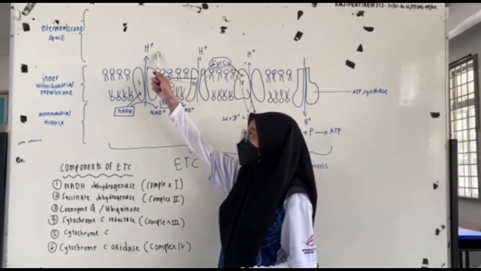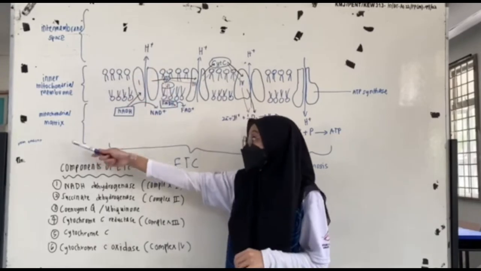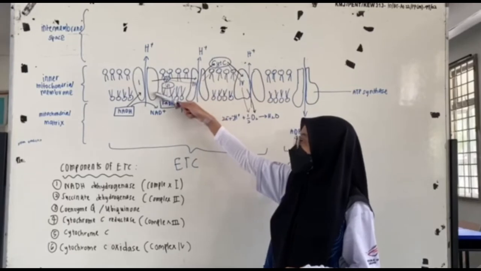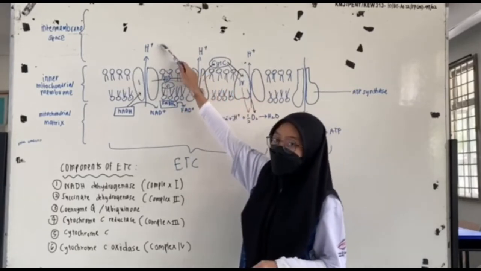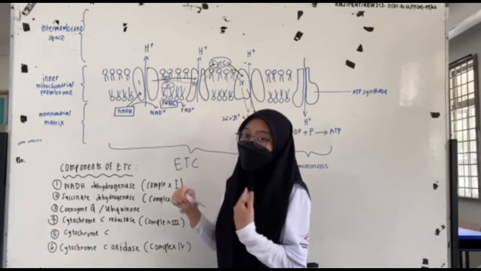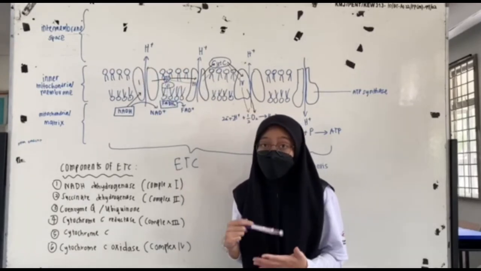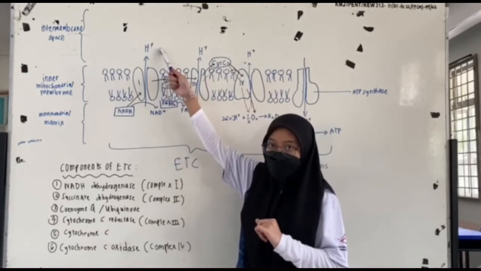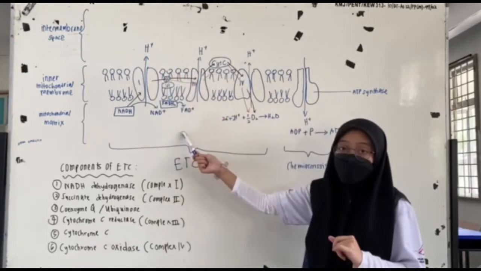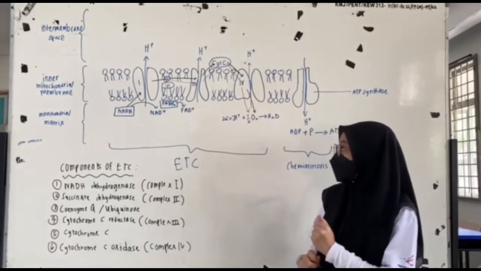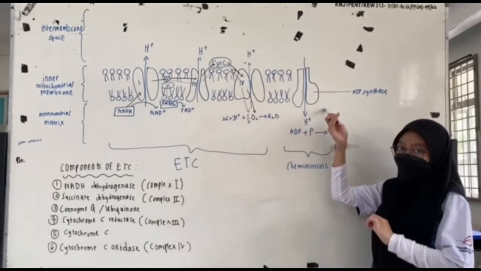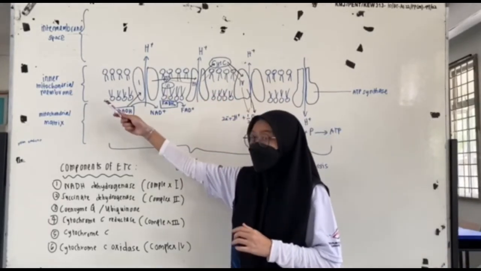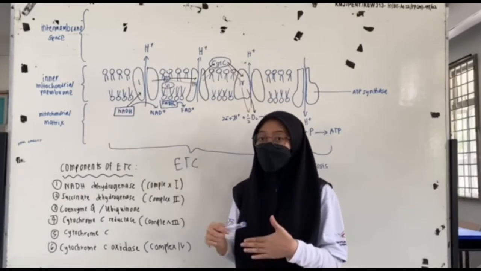The concentration of H plus in the intermembrane space is higher compared to the mitochondrial matrix because the complexes pump H plus to the intermembrane space. So, it will create a proton concentration gradient. The proton gradient will cause the H plus to flow back into the mitochondrial matrix, but it will flow back through the ATP synthase, not the inner mitochondrial membrane, because the inner mitochondrial membrane is impermeable to H plus.